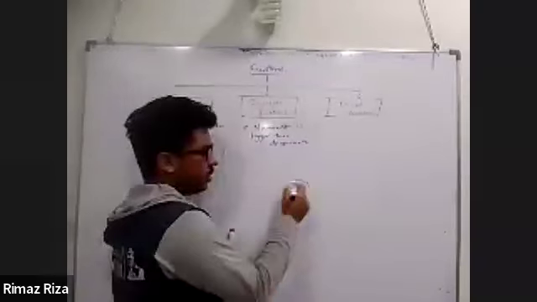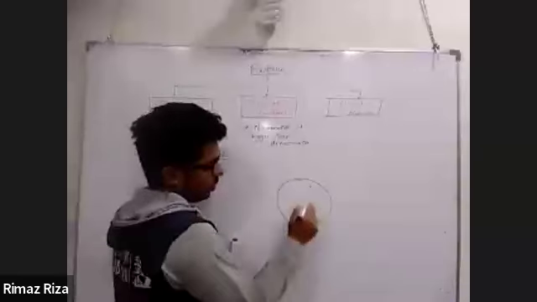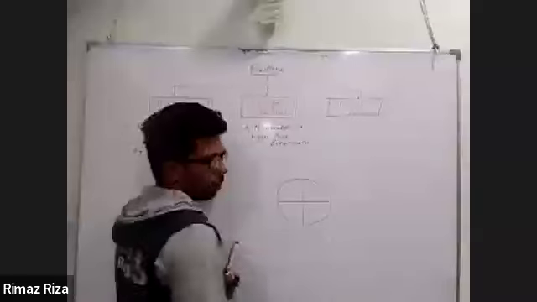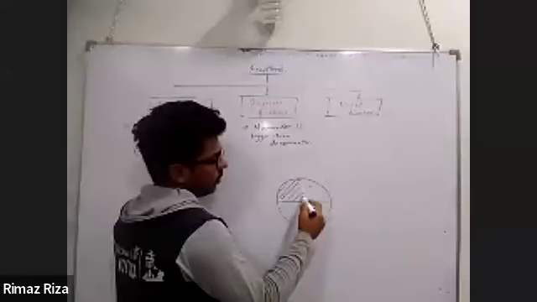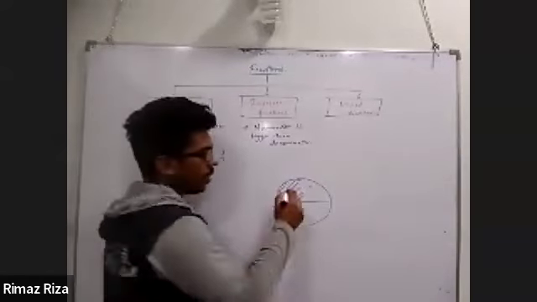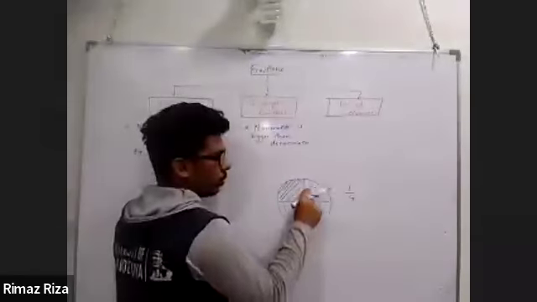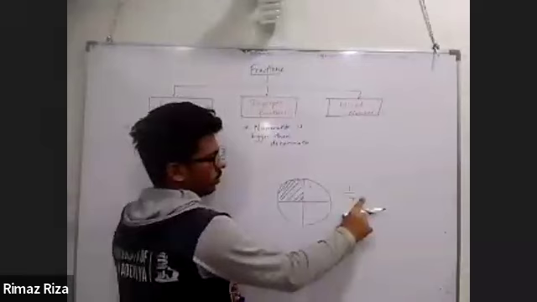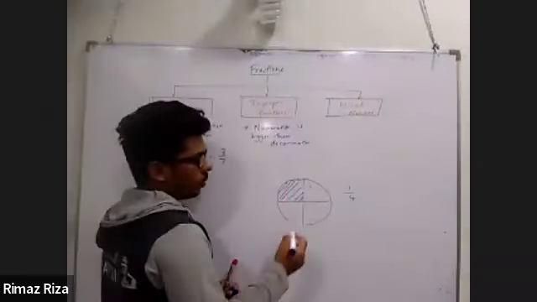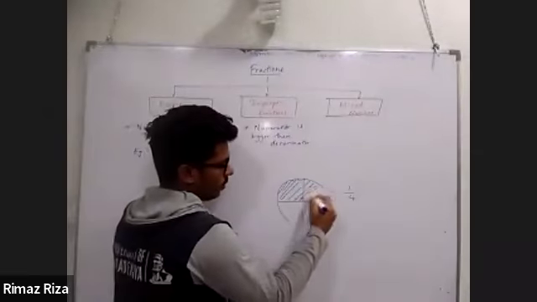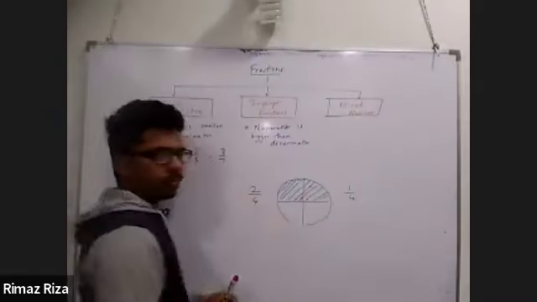For example, you take a pizza and you cut into 4 pieces. Let's say you ate this piece, so you can say that you ate one out of four. One out of one, two, three, four. Suppose if you eat another piece, then you can say two out of four.